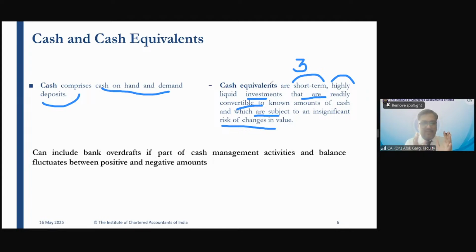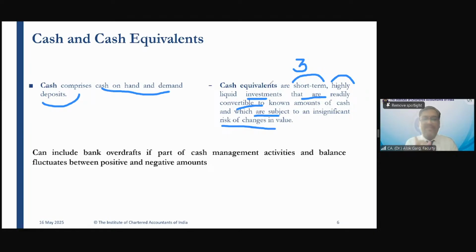So whether all these mutual funds and shares will be covered under cash equivalent? No, sir. No, because they are subject to significant risk of change in value. So basically, if you stop reading in the middle of this definition, your answer would be yes.